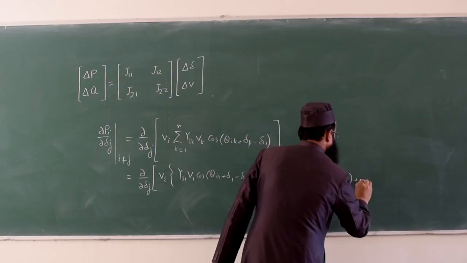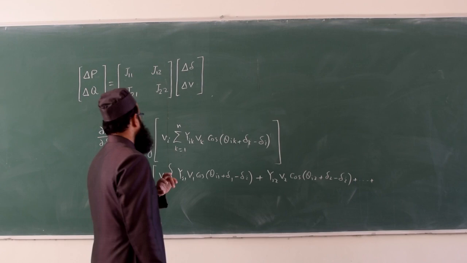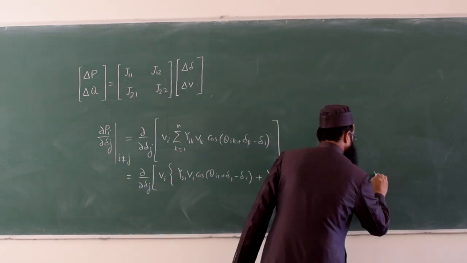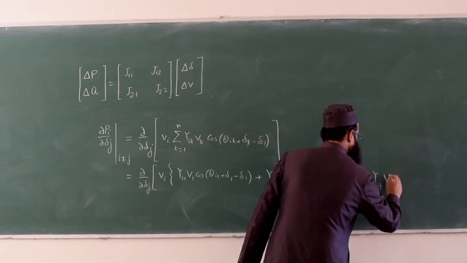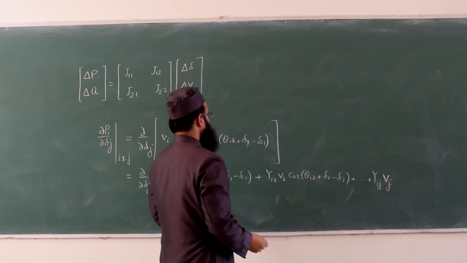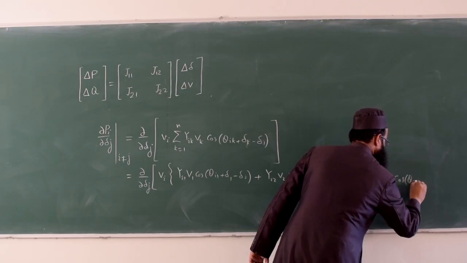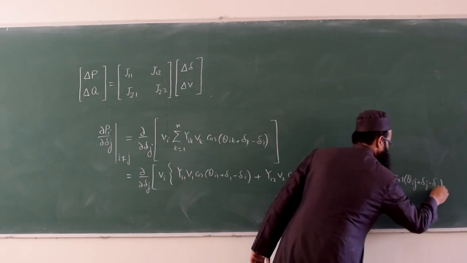Plus so on. Write the jth term, k equal to j. That will be Yij Vj cosine of theta ij plus delta j minus delta i.